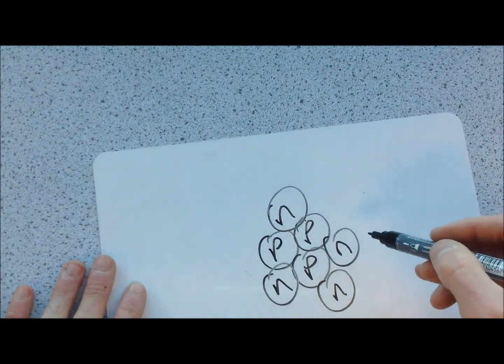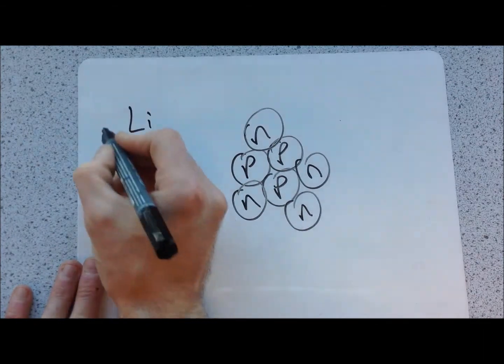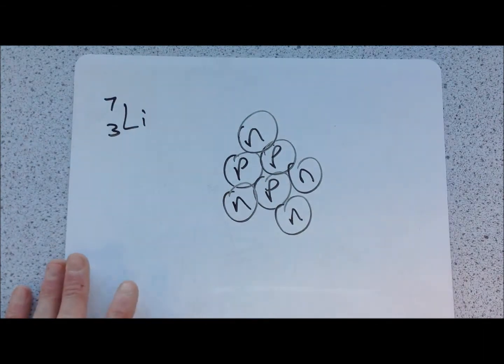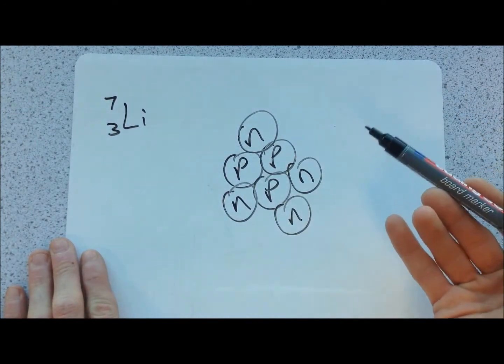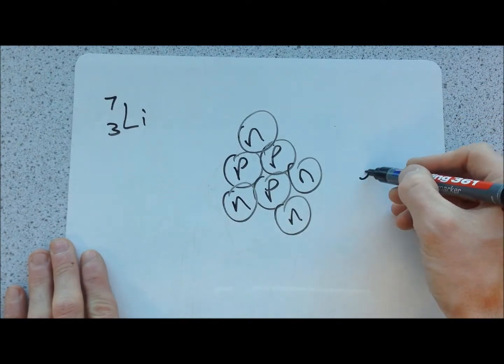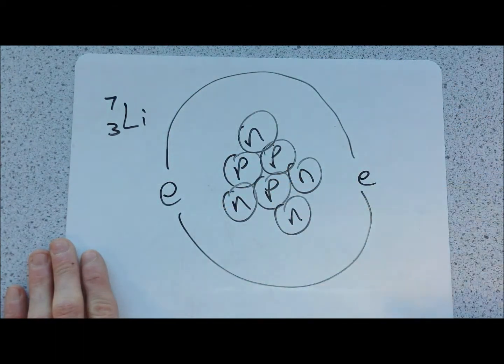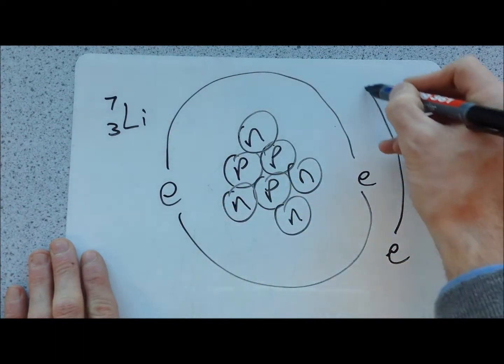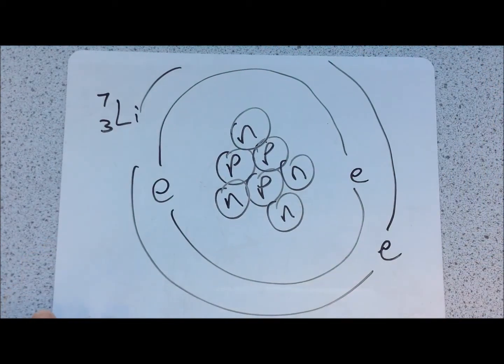That, as it happens, is lithium, the lithium nucleus: 3 protons, 4 neutrons. Now that nucleus would have 3 electrons, because it's got 3 protons. So there's 2 of them, there's the third one. So there's our lithium atom.